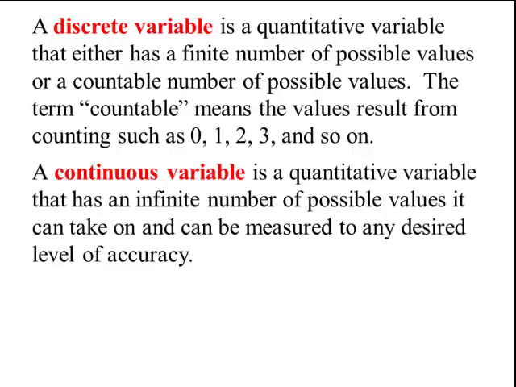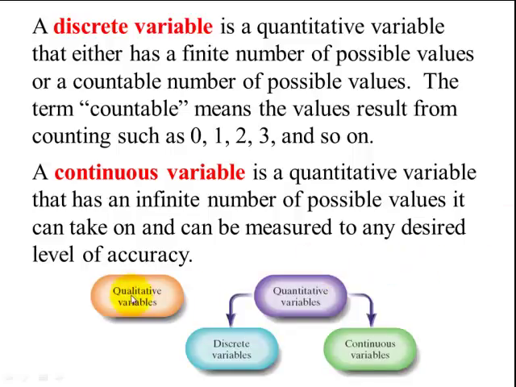The other type of variable is called a continuous variable, and it is a quantitative variable that has an infinite number of possible values. And basically this is normally measurements. So examples of this would be height and weight and anything involving time. So if it's something you measure, it's most likely continuous. If it's something you count, it's most likely discrete.